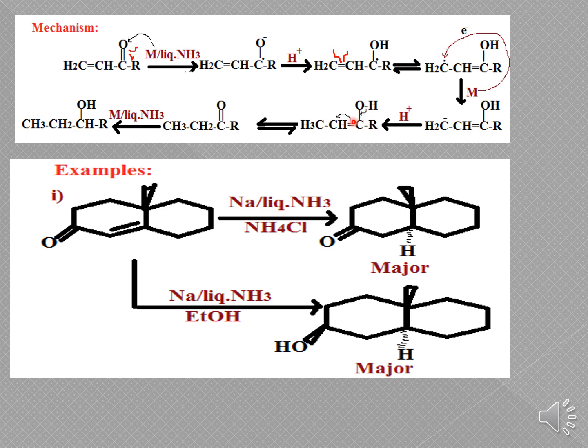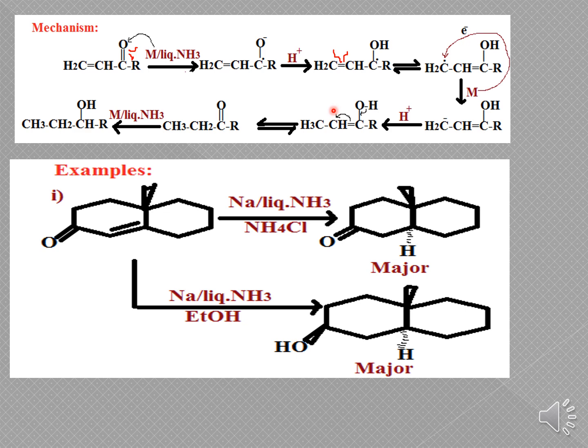Okay. So after this is formed, the bond shifts over here. When this bond shifts, you will gain a negative charge firstly. This negative charge will abstract the proton from here.